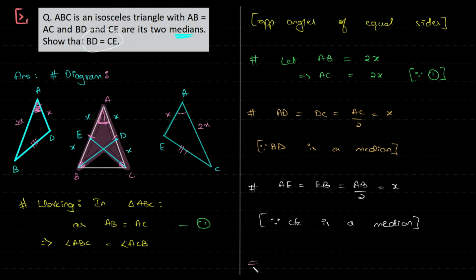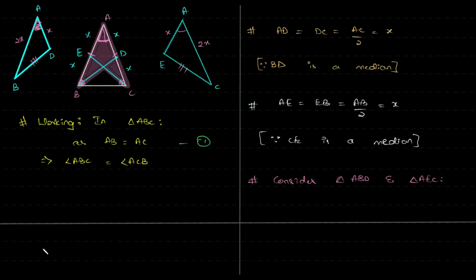Now let's consider triangle ABD and triangle AEC. We have AD equal to AE, both equal to x, right? We just have to write this, that's enough.